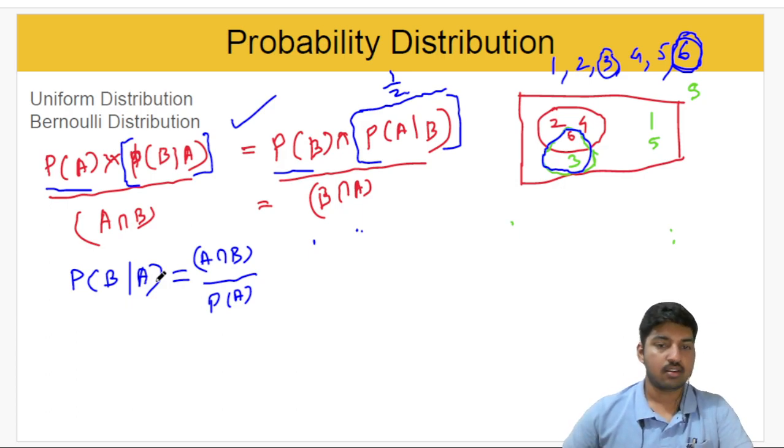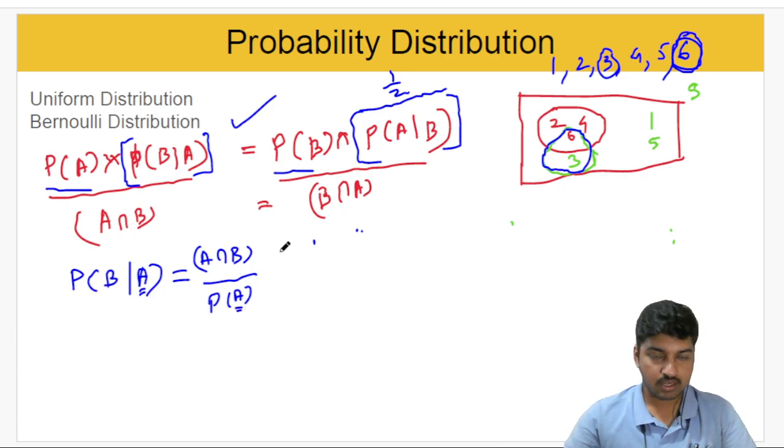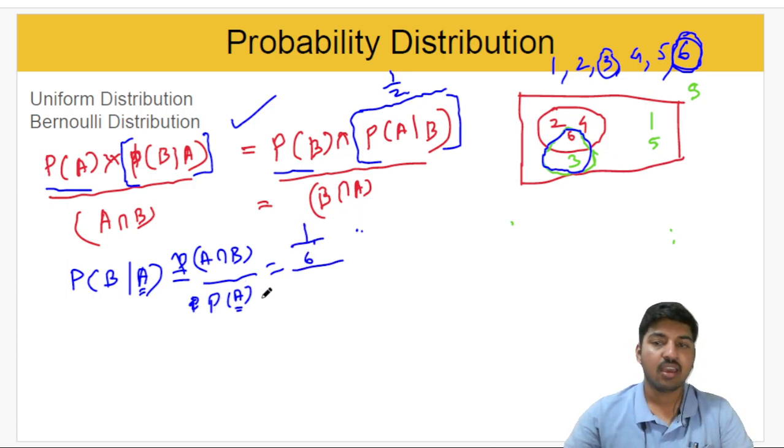Yes, correct, because this A will come into the denominator and the intersection will come in the numerator. So I will put in the values. Probability of A intersection B is 1 by 6, divided by probability of A. What is my event A? It is even number. What is the probability that an even number will happen?